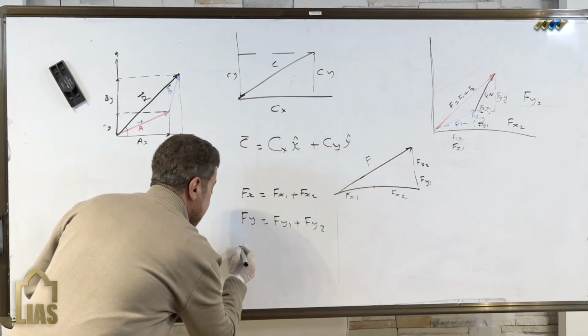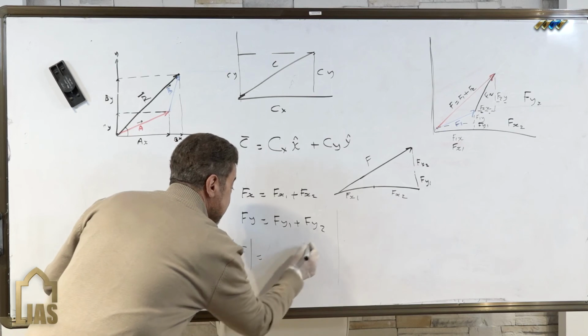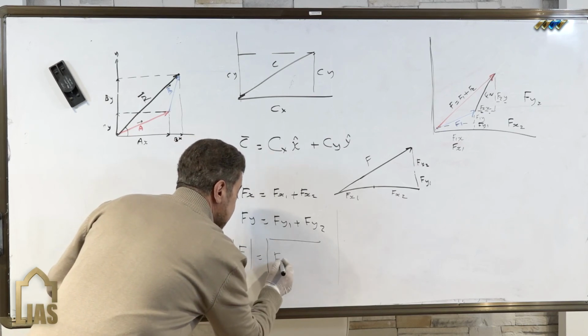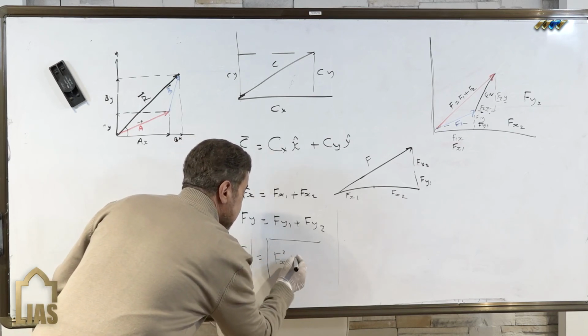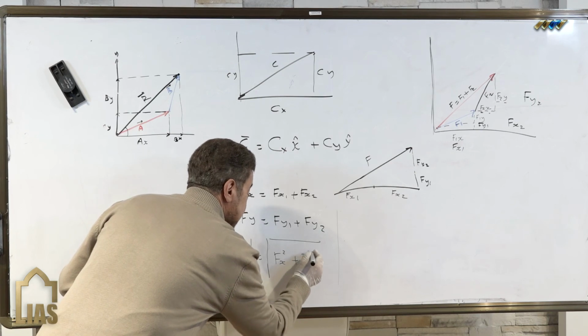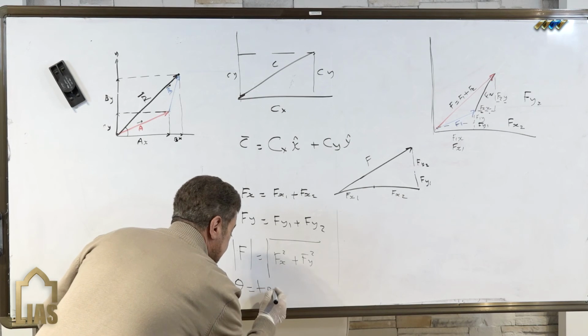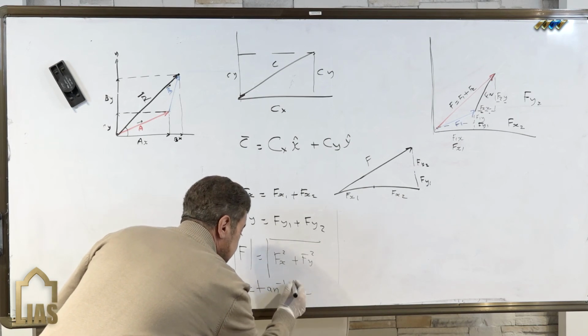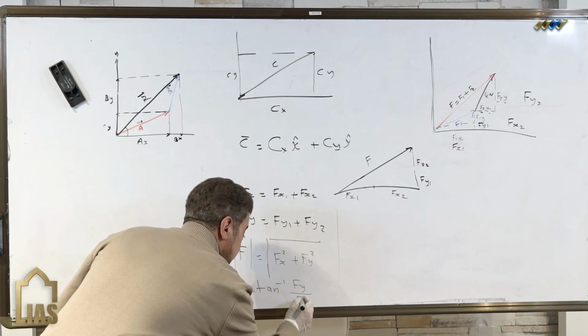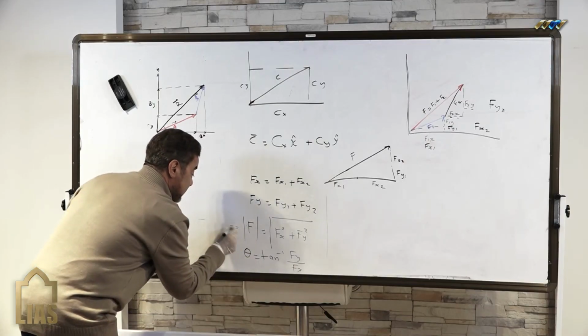The value of F is the square root of Fx square plus Fy square, and the direction is tan minus 1 of Fy over Fx. Value, direction.